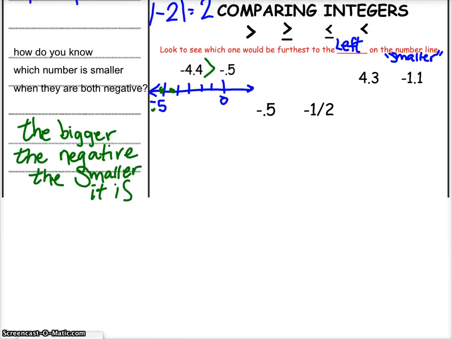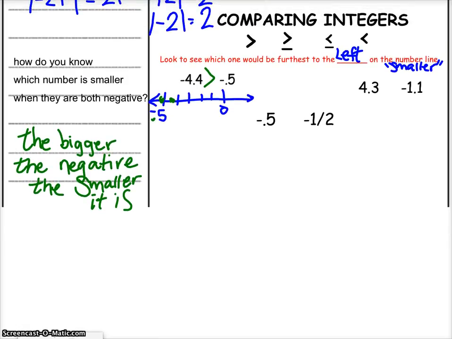Okay, moving on to, let's compare 4.3 and negative 1.1. These are easy. If it's a negative, of course it's smaller than a positive number. I like those. Negative 0.5 and negative 1/2. Well, negative 1/2 is negative 0.5, so what is it? Equals.